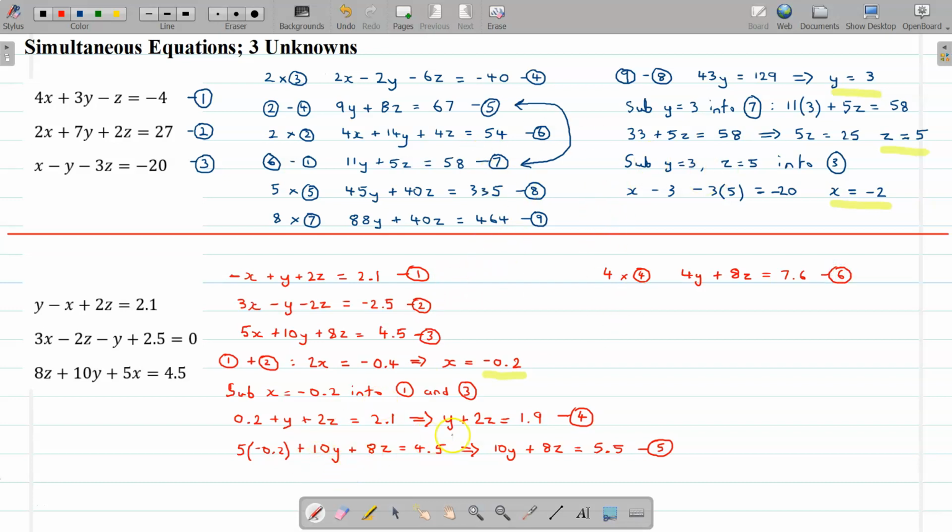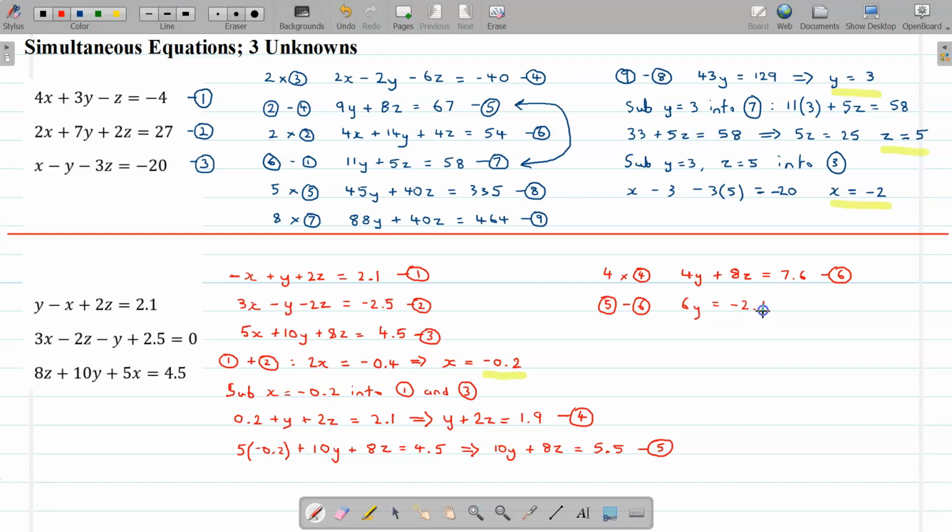Okay, so now if I do equation 5 take away equation 6, that will eliminate the z term and give me the following. 10y take away 4y is 6y. 8z minus 8z is 0, and 5.5 minus 7.6 is negative 2.1.